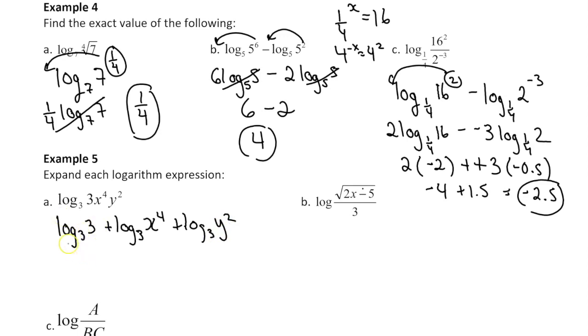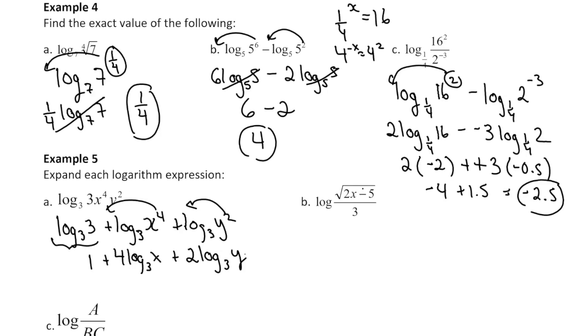Every time you have an exponent, kick it in front. And if you have something that you can simplify just as an easy answer, do that. That's the number 1. 1 plus 4 log base 3 of x plus 2 log base 3 of y. So hopefully that seemed reasonable.